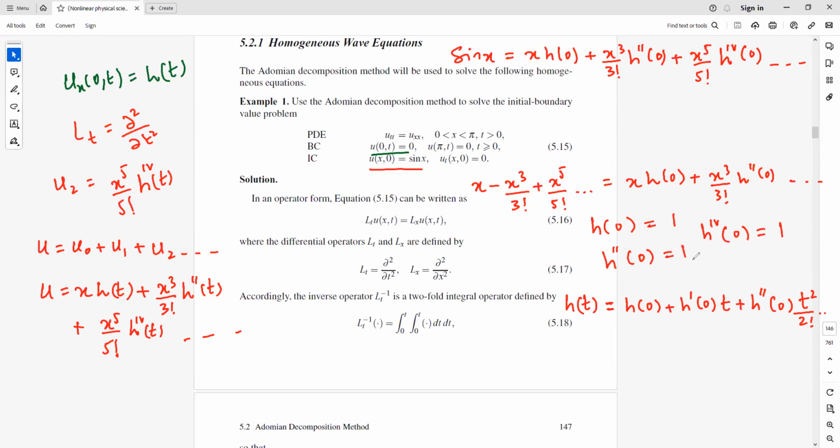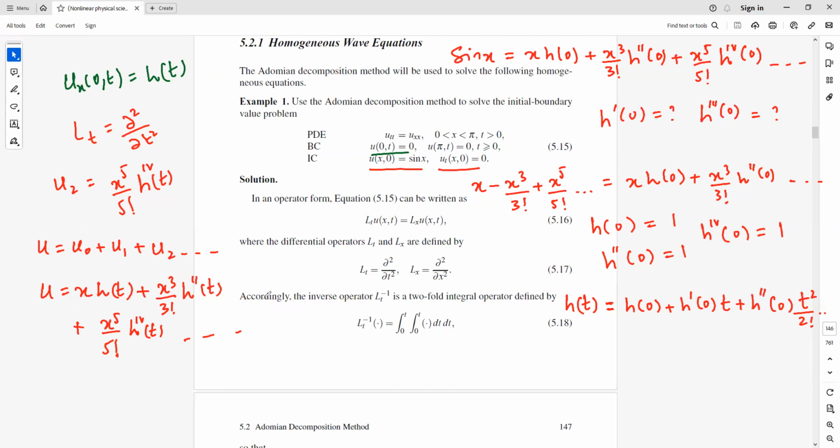Now we have something missing here: the first derivative, the third derivative, and all these odd derivatives are missing. Therefore we can now use this initial condition, that is u_t(x, 0) is 0.